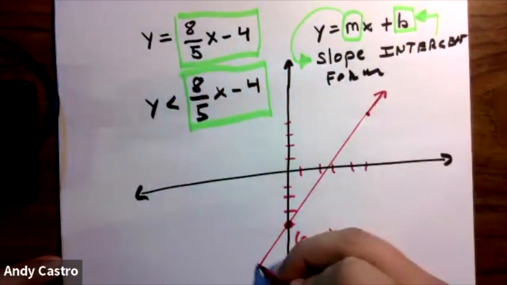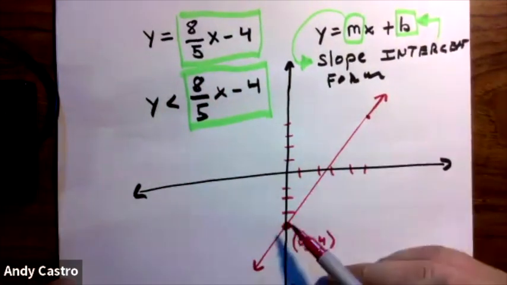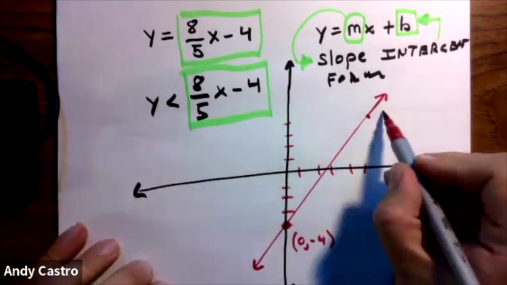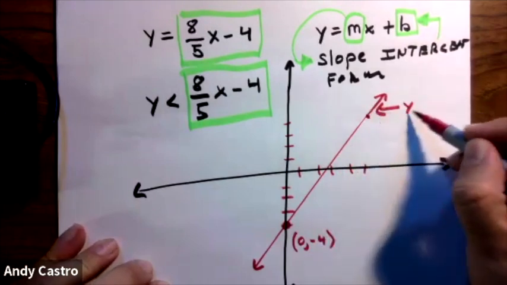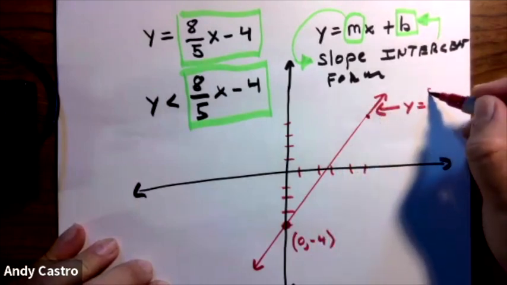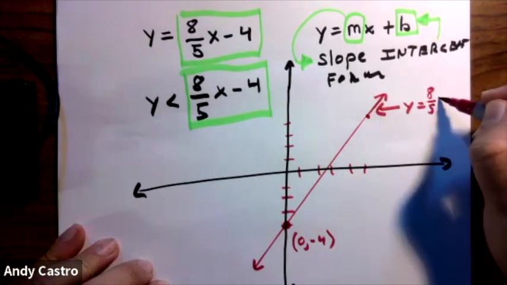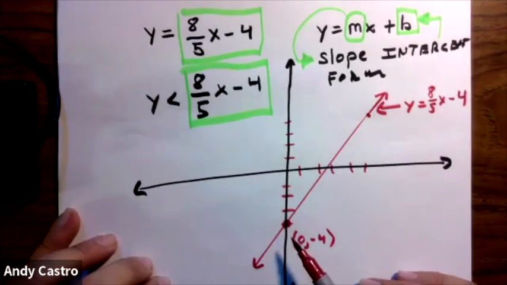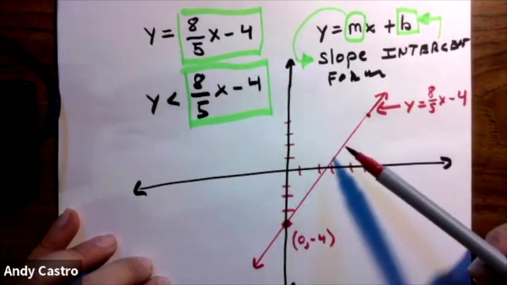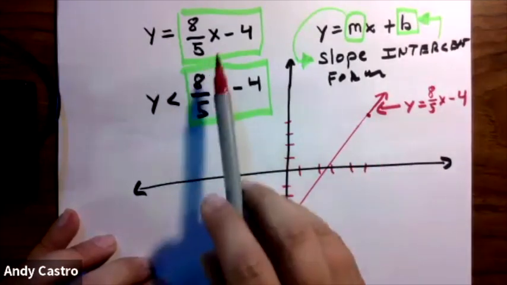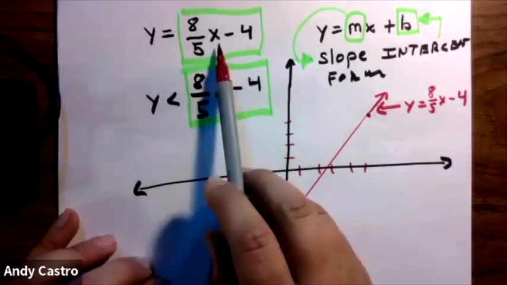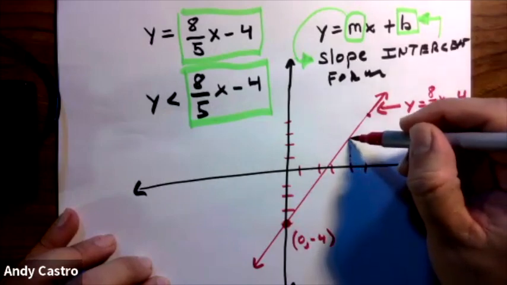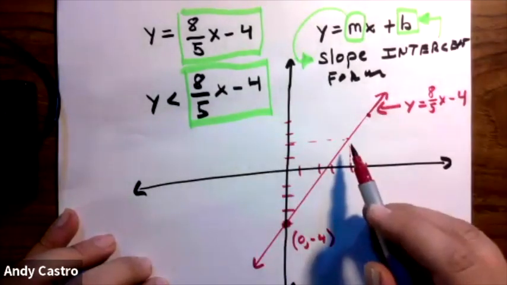Now, what you'll notice, if we just left it as a line, that would be this equation: y is equal to 8 over 5 x minus 4. That means that for every point on this line, there's an x and y relationship such that when I plug in the x, it gives me the exact corresponding y.